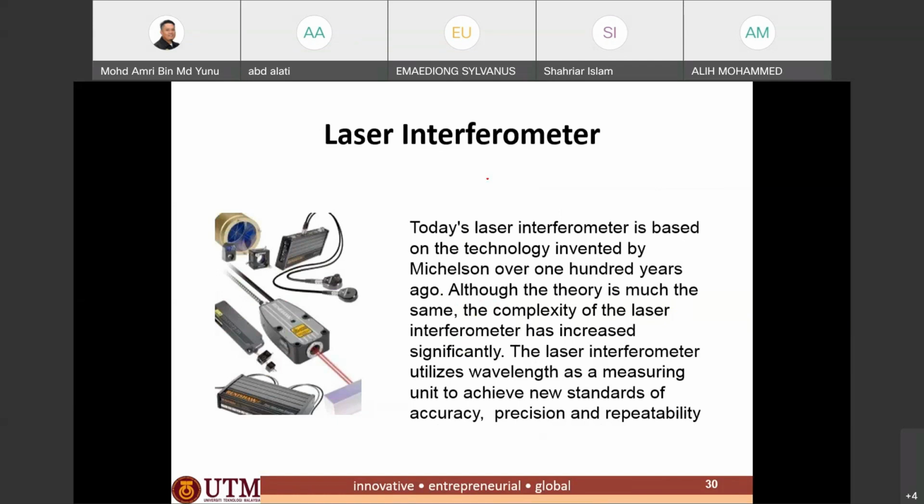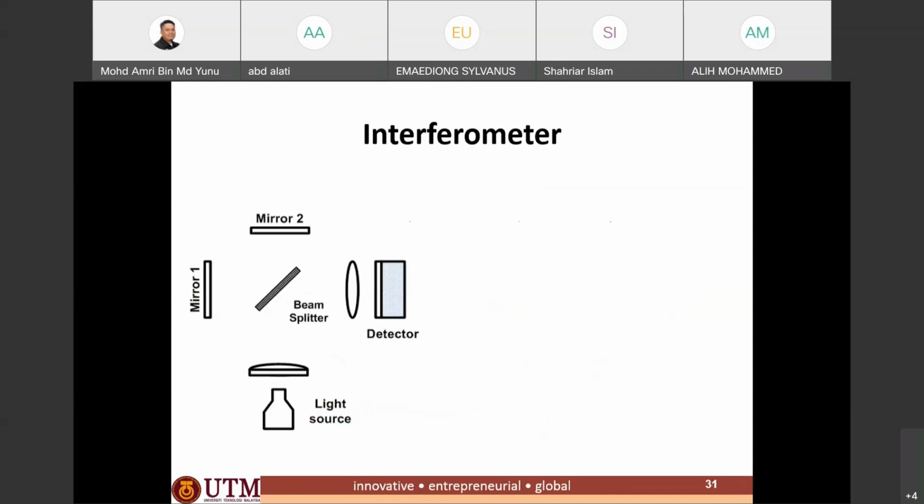Meaning that it is a very highly accurate device, especially in measuring displacement. Okay, so this is the principle of the interferometer.